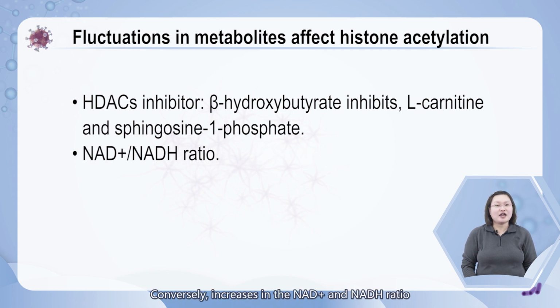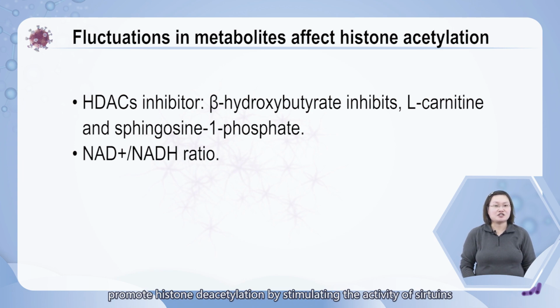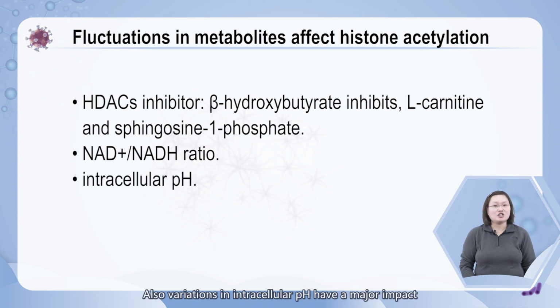Conversely, increases in the NAD to NADH ratio promote histone deacetylation by stimulating the activity of sirtuins. Also, variations in intracellular pH have a major impact on histone acetylation. Intracellular acidification promotes the activity of histone deacetylases as well as the export of protonated acetate via monocarboxylate transporters as a pH buffer mechanism, whereas intracellular alkalinization augments global histone acetylation.